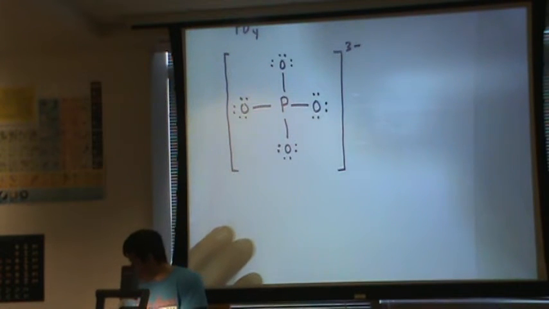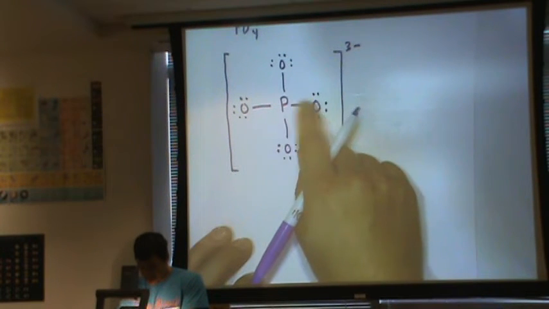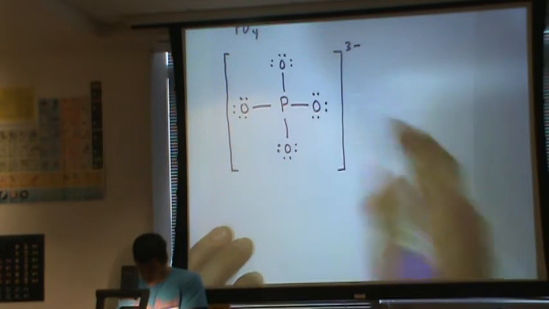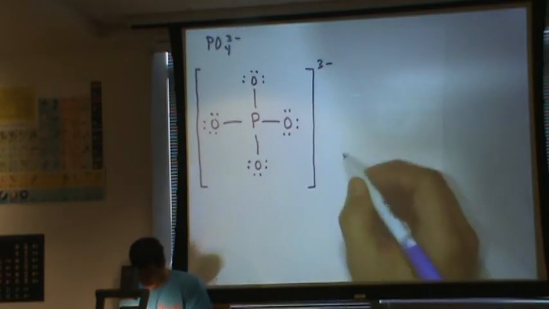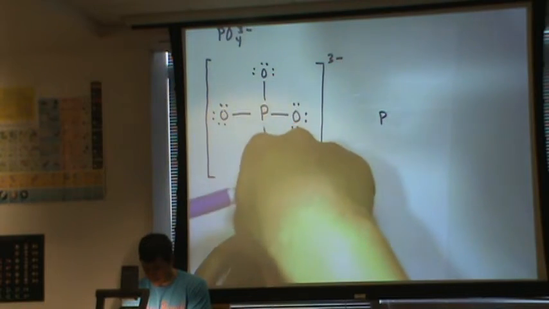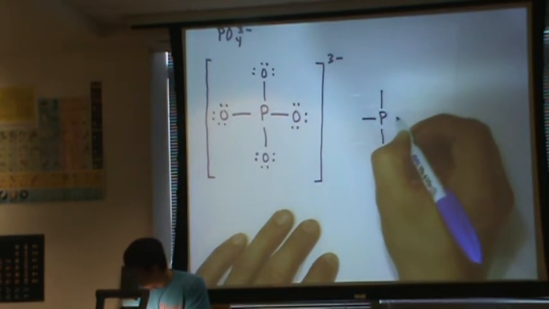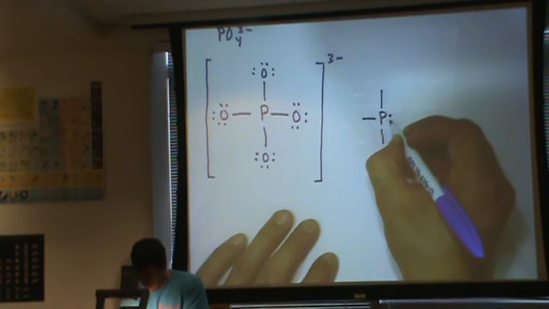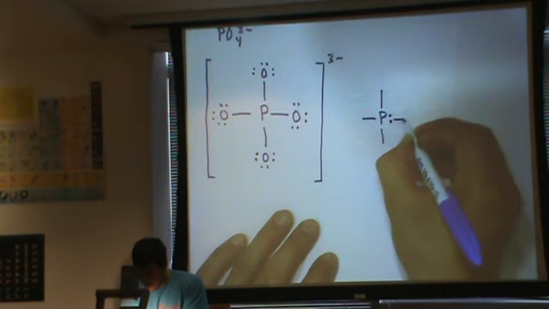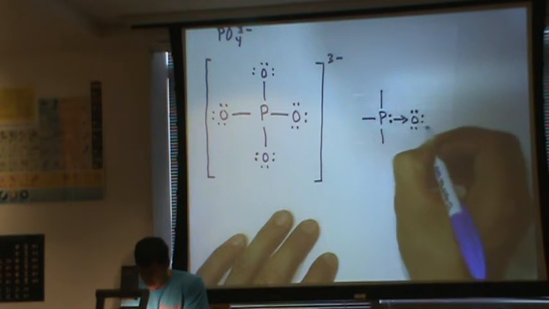And so in a coordinate covalent bond, this phosphorus atom is coordinating its electrons to this oxygen atom. I'm going to draw it right here. So I'm going to draw these 3 bonds. We're just going to ignore them. And what's happening here is the lone pair, these 2 electrons in the central phosphorus atom, are bonding to the 6 electrons of this oxygen.